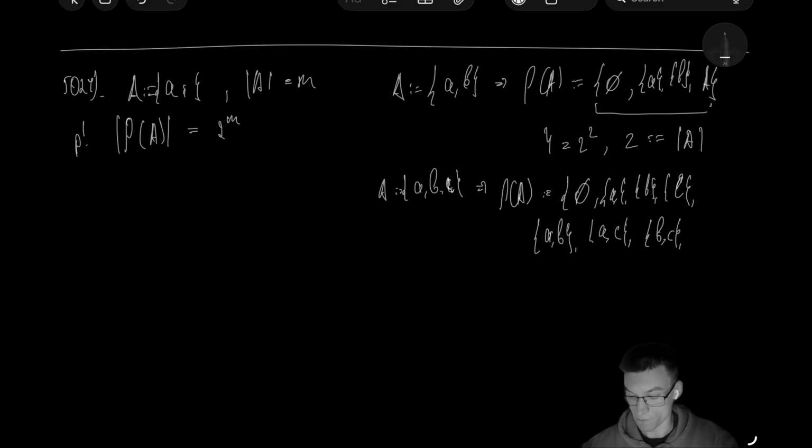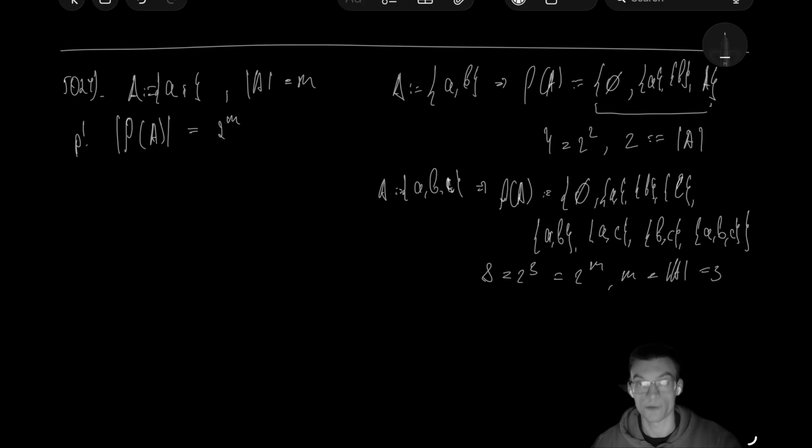The order doesn't matter, so that's why we need distinct elements. The remaining one is ABC, which is A itself. If we count the number of subsets here, we have 8 subsets, which is 2 to the power of 3, exactly 2 to the power of m, where m is the cardinality of A, which equals 3. Cool, so these are just 2 simple examples.